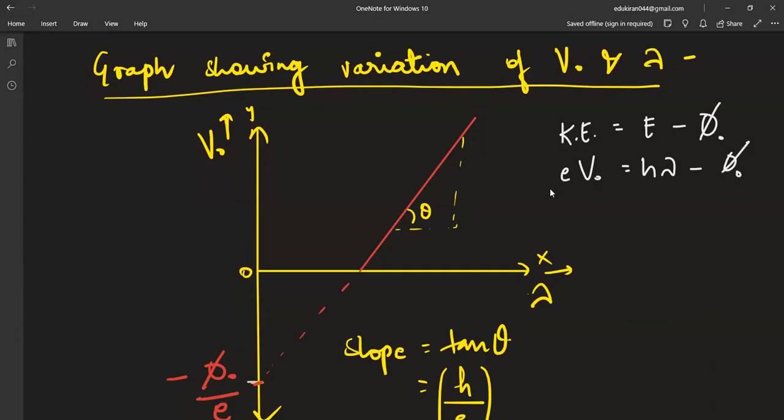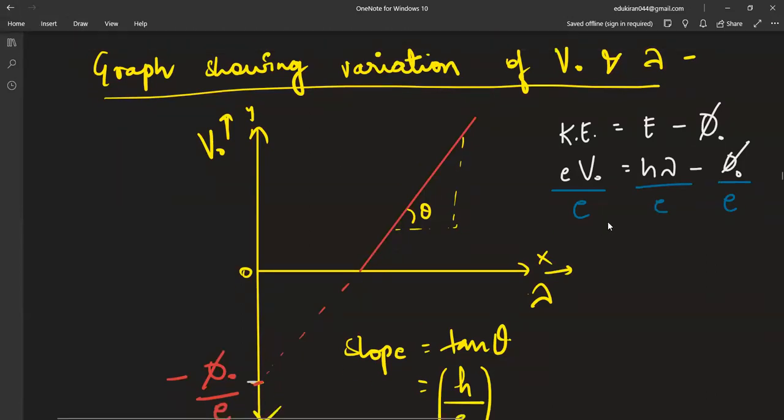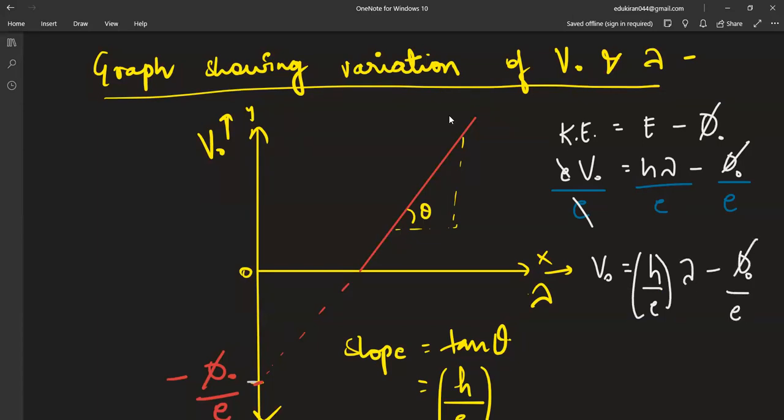Now, if I divide the entire equation by e, what will I be left with? This will be cancelled, so only V naught is equal to h by e into nu minus phi naught by e.